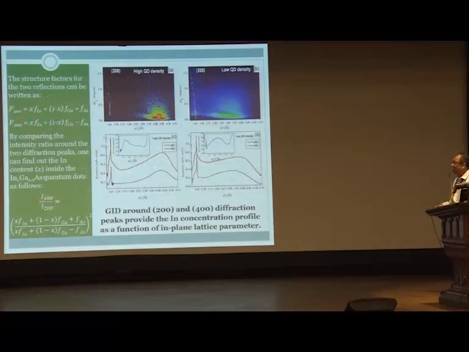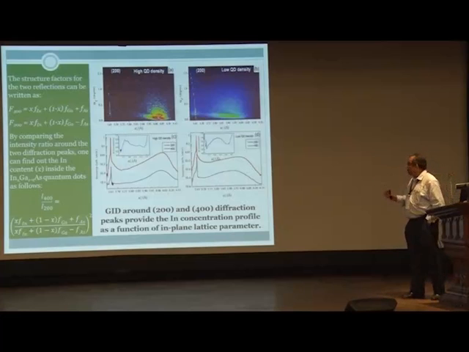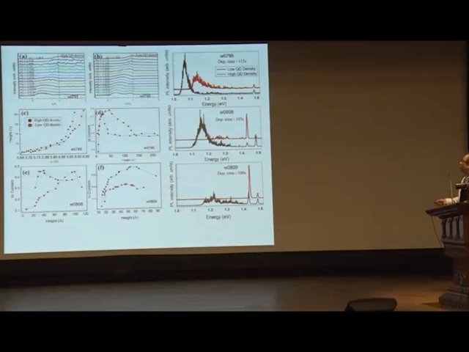All you have to do is measure the 400 and 200 reflections. The rest are details. If you take the ratio, then you can directly extract the indium profile from there, because for 200 the structure factors of gallium and arsenic, they are adjacent in the periodic table, so they just cancel each other. Indium is much higher, so only indium intensity comes in, and that is what helps us to get the height profile as a function of d value.